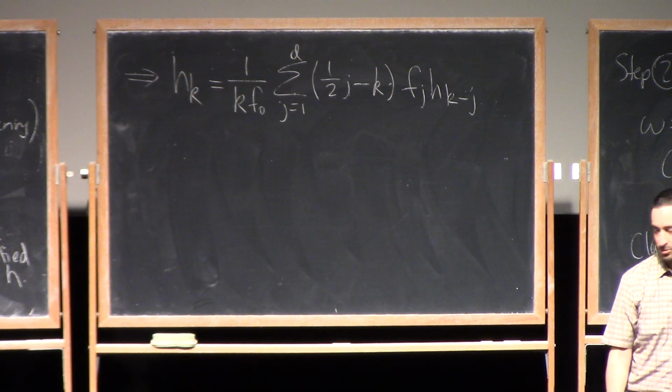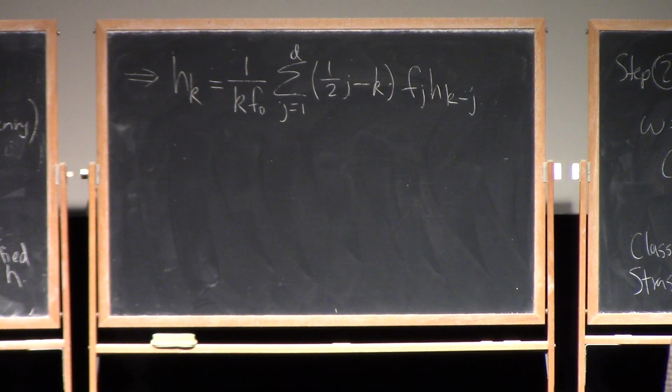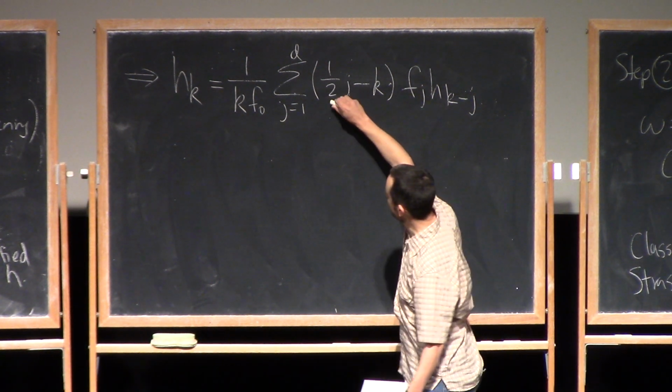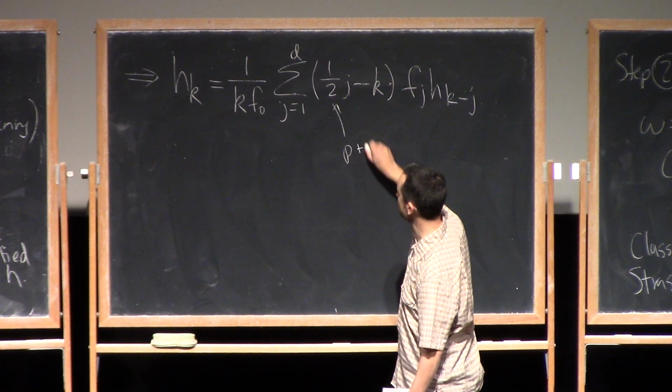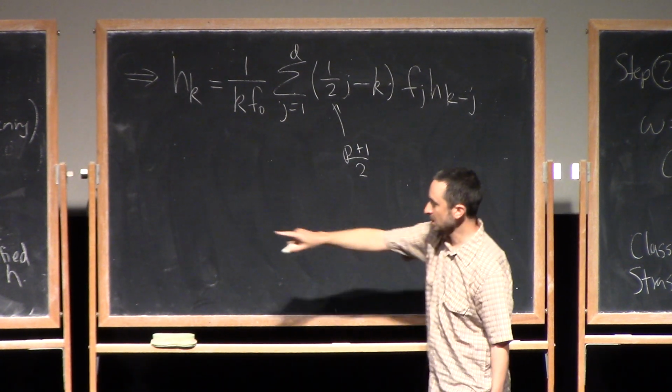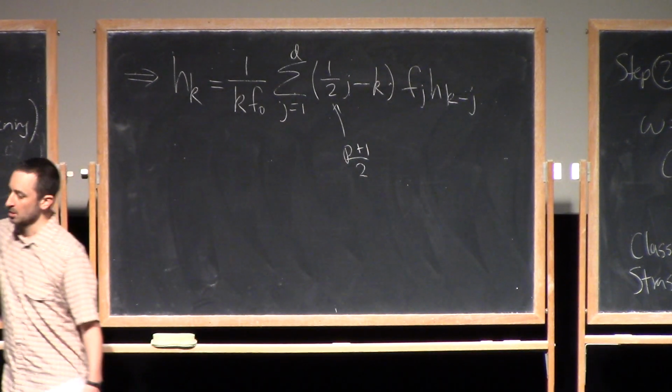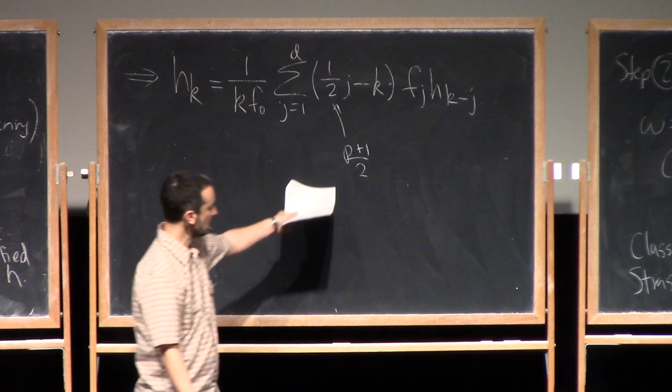And this is all happening, of course, modulo p. So by the way, this half is really p plus 1 over 2, right? It's coming from this m, but I'm only looking at it mod p, so I just get a half.